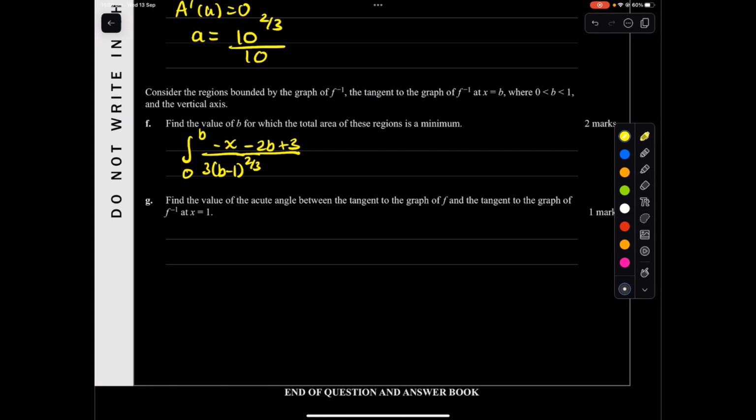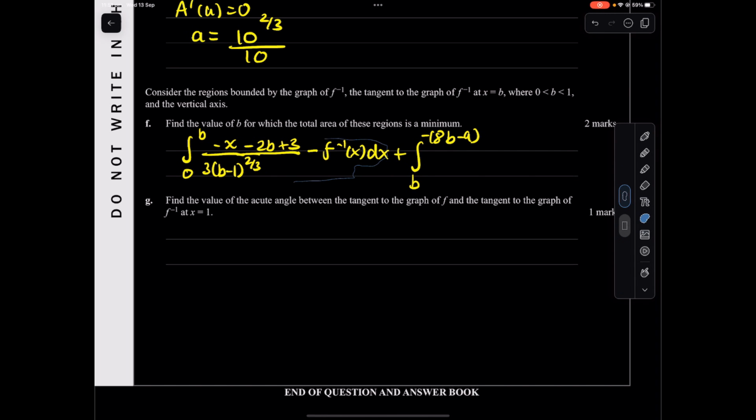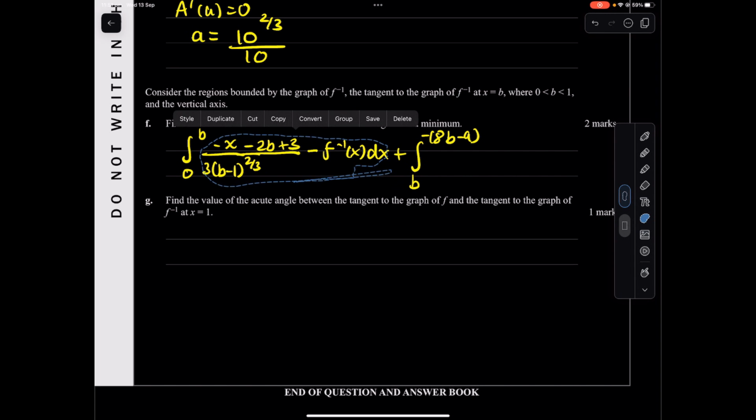Yeah, so minus x, minus 2b plus 3. Yep, so this minus f inverse of x, dx, plus from b to, what was the other one? It was negative 8b minus 9. And the same equation. So this whole equation over here, just copy it.